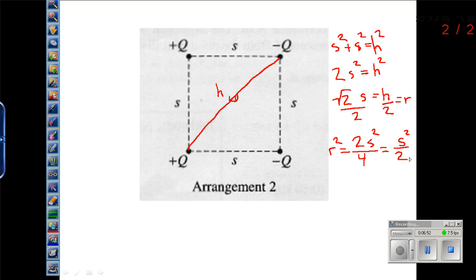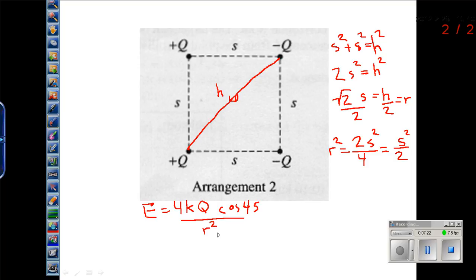So when we go and put that back into 4kq over r squared times cosine 45, if you remember our previous expression, we said E equals 4kq cosine 45 divided by r squared.